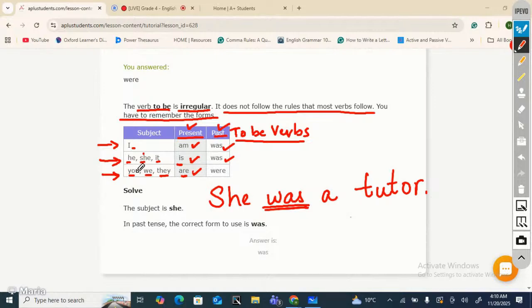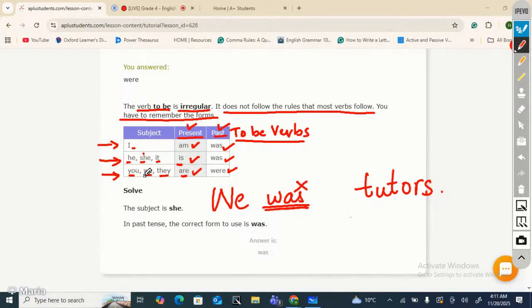But if the subjects are you, we, and they, use were. Let's say if I change the subject here and if I write we, then can we use was?